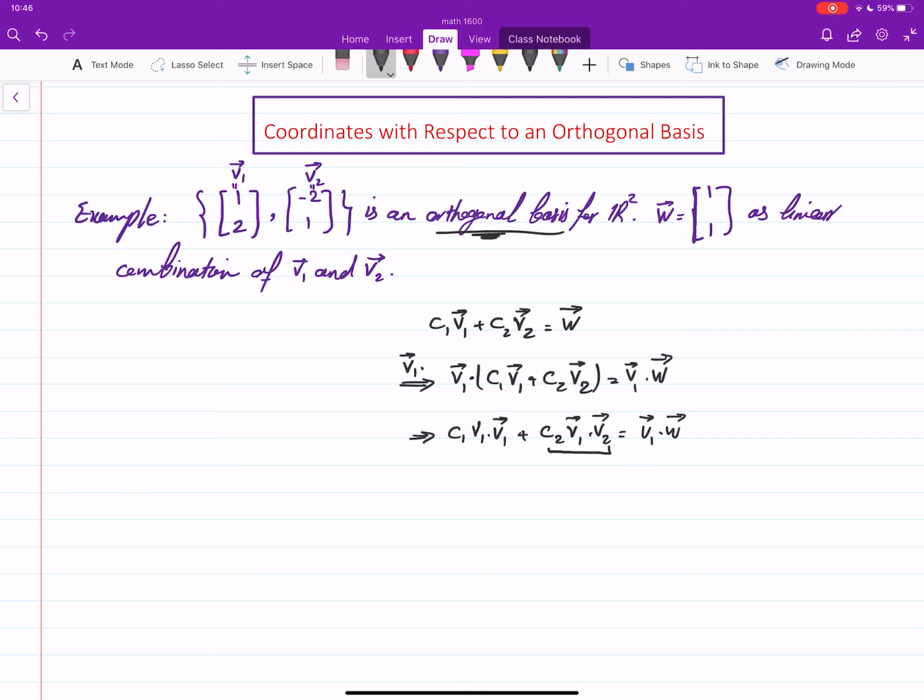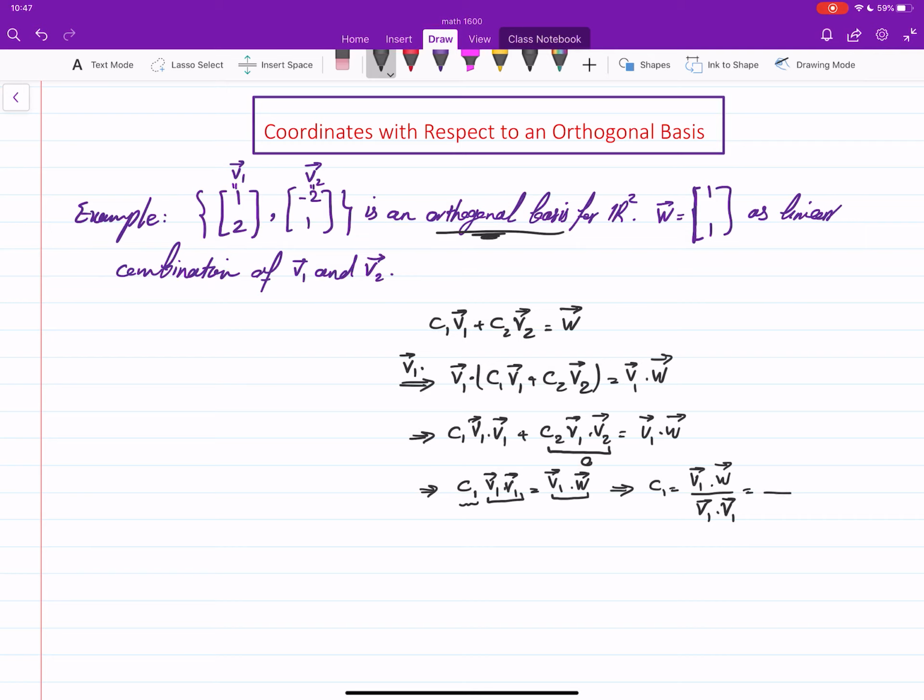But we know that the set is orthogonal, so V1 dot V2 will be 0, and that will give me C1 V1 dot V1 is equal to V1 dot W. You know that this is a number, this is a number, and these are known. You just dot product V1 to itself and to W. These are two numbers, and what is unknown here is C1. So we can find C1 by dividing V1 dot W by V1 dot V1.